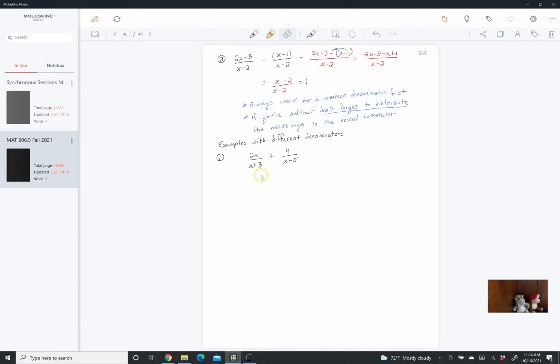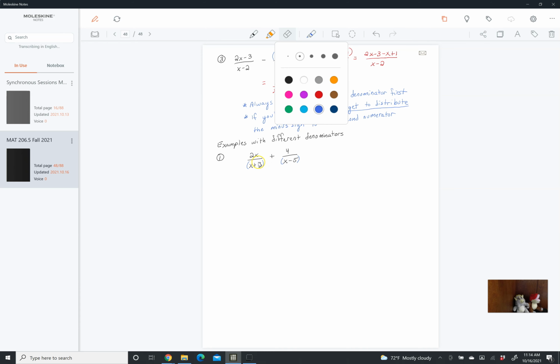So the first one has an x plus 3, and remember that x plus 3 is in parentheses. It's this invisible parentheses. And you have to remember to treat it that way, because if you don't, then you're going to say, well, the other one has a negative 5, and this one doesn't.